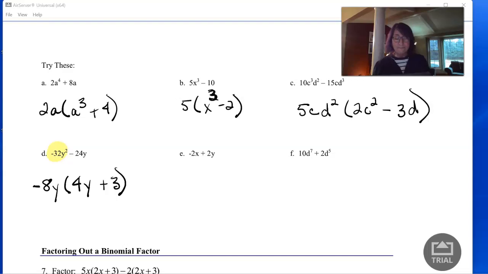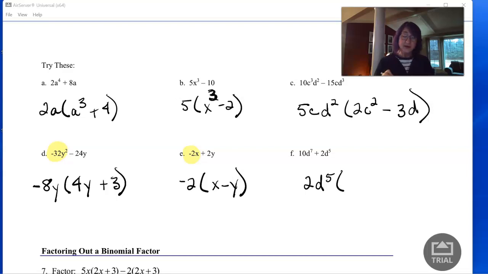How about this next one? Again, we have a negative leading coefficient, so we take out a negative 2, and we're left with x minus y. And for the last one, we can take out a GCF of 2d to the 5th, so we're left with 5d squared plus 1.